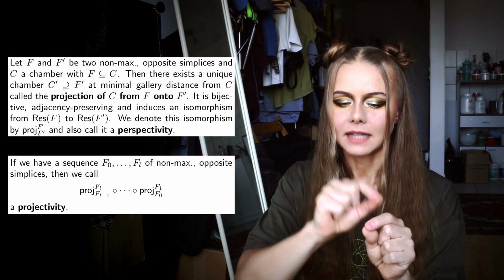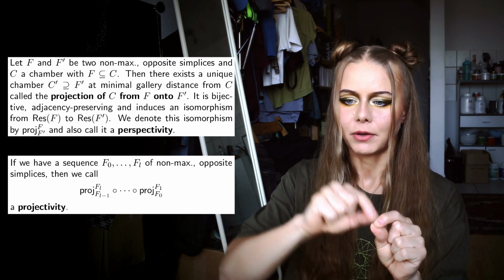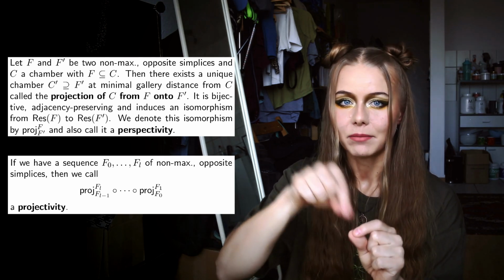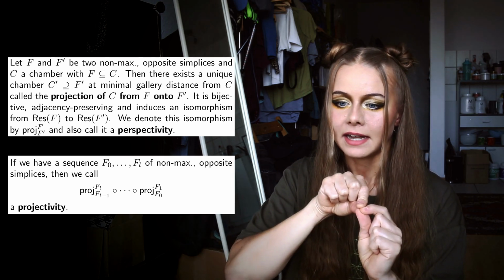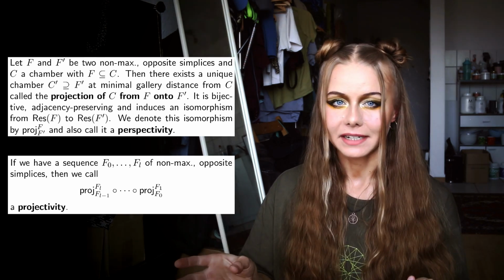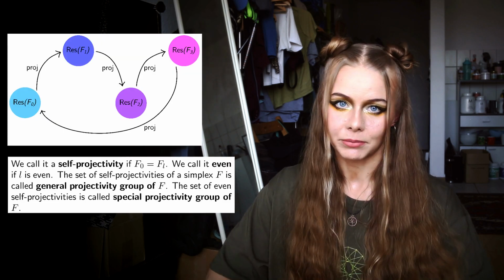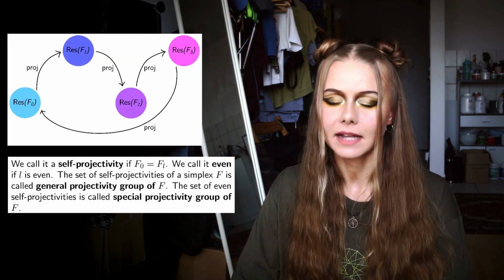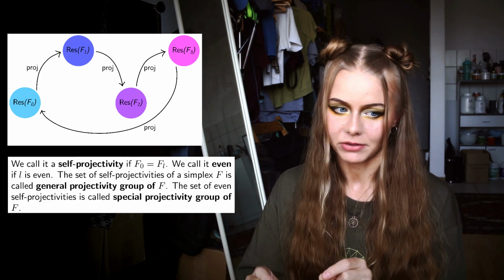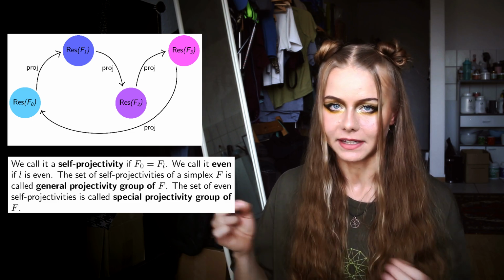If we start at a certain residue, apply perspectivities, and end again in the same residue, then this is called a self-projectivity. The group generated by all self-projectivities of a simplex is called the general projectivity group of that simplex, and the group generated by all even self-projectivities of a simplex is called the special projectivity group of that simplex.